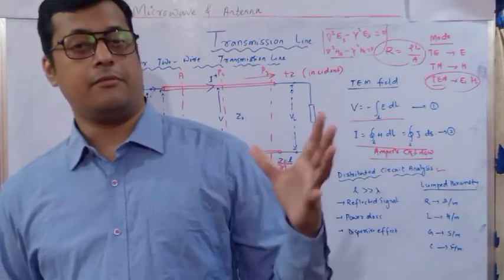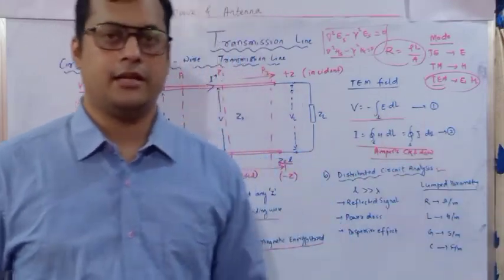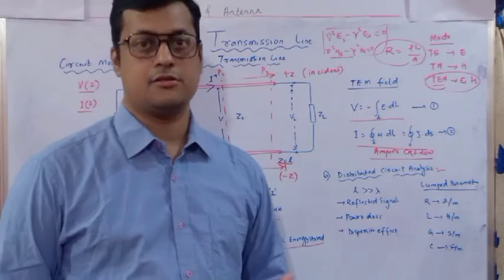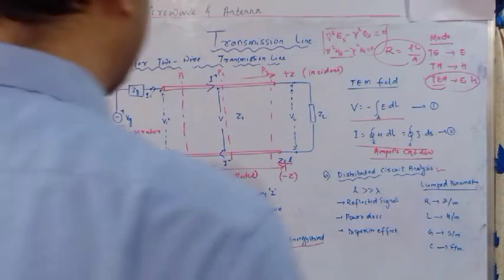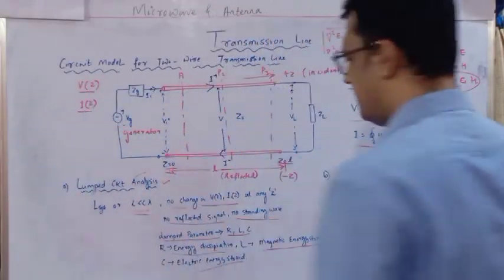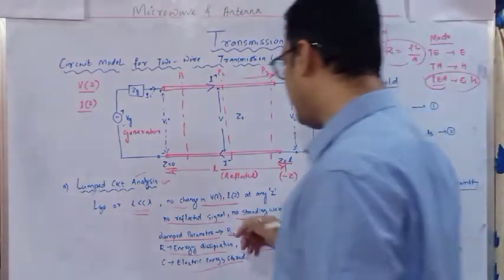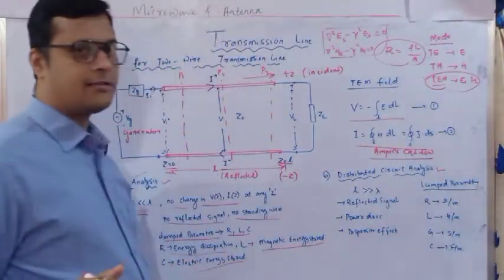Now, our main motive is to deliver information. Information means the communication process. When we use this two-wire line for communication, I am going to transmit the information.